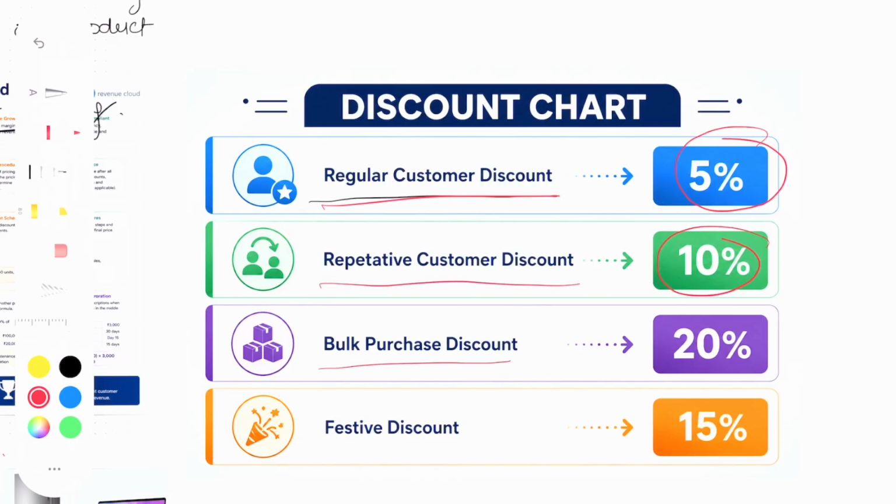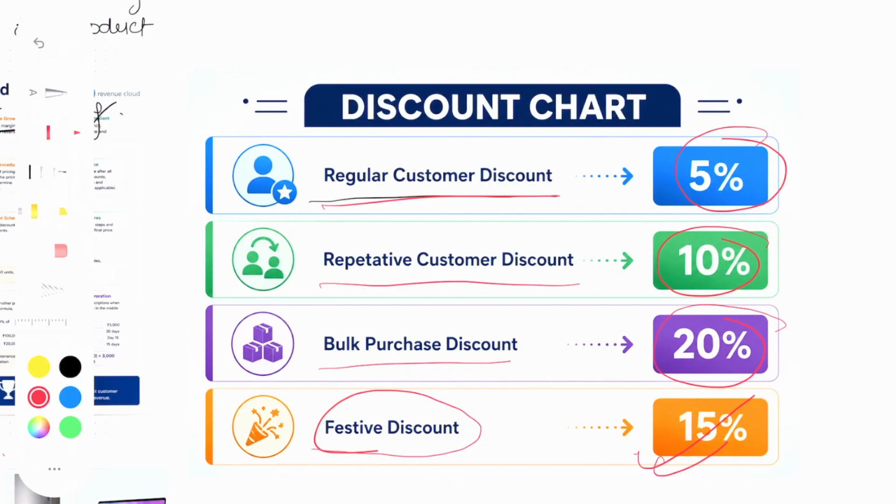If you are a bulk purchaser or commercial customer, you get 20% discount. And if it is the festive season, you get 15% more discount. This is the kind of discount chart that electronic stores generally have. It is a very common thing.